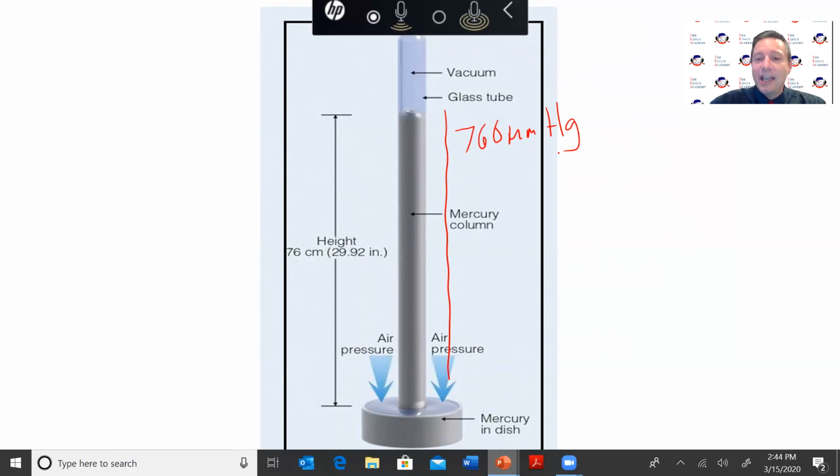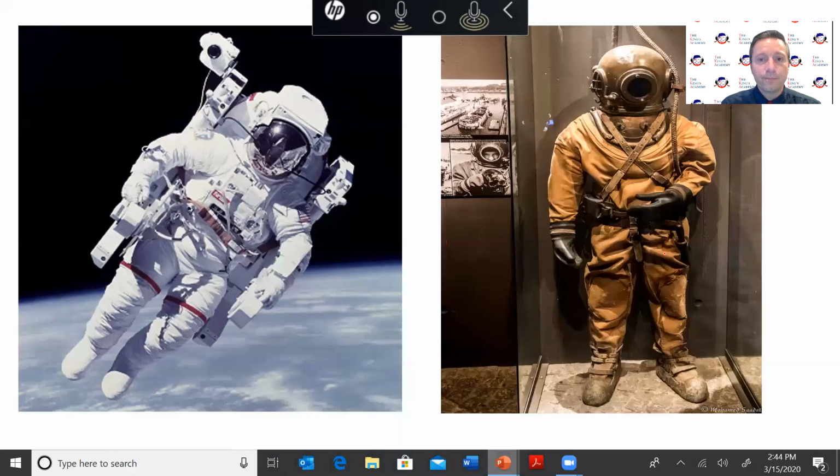If you used H2O, so you have water in some kind of a tube, it is going to be roughly 34 feet high. So that's why it's not really practical to use plain water to test atmospheric pressure.